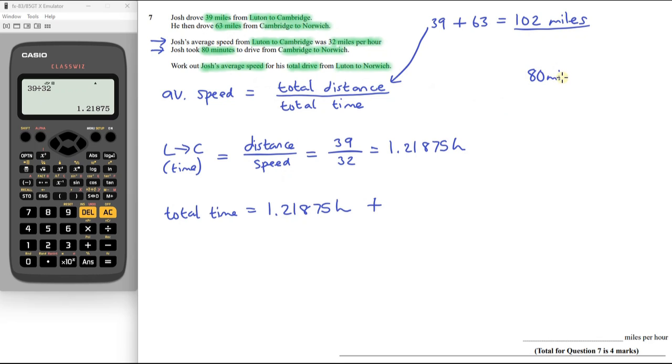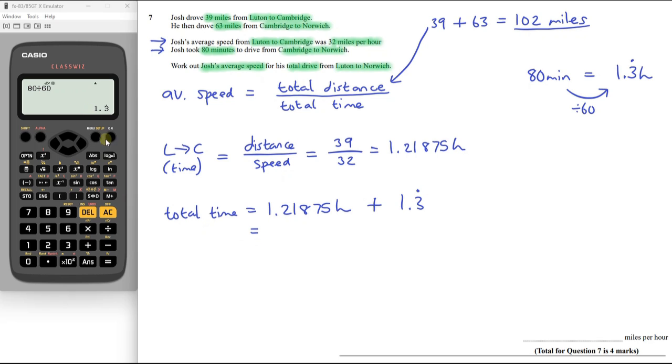To go from minutes to hours, we need to divide by 60. So let's put that into a calculator. 80 divided by 60, we get 4 over 3, which is 1.3 recurring hours. So that's what we're going to add on.